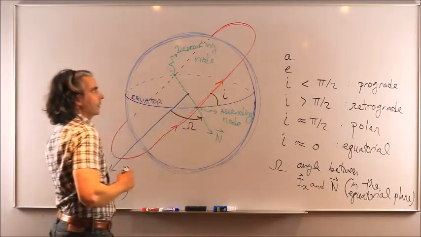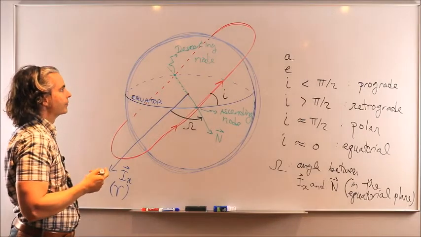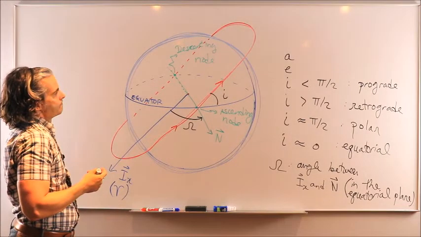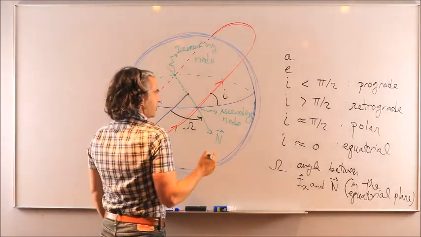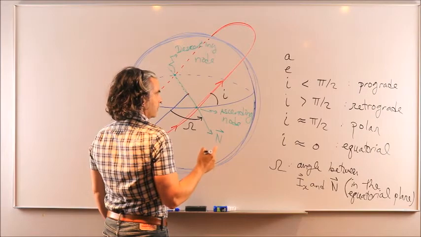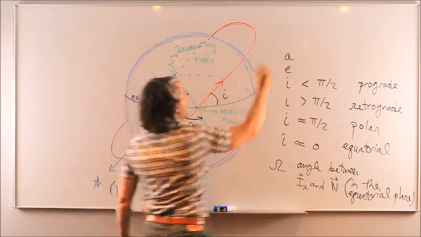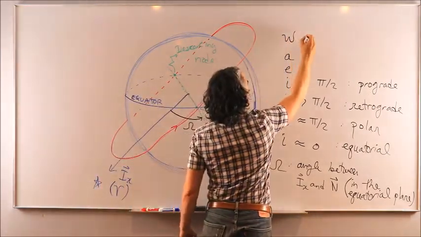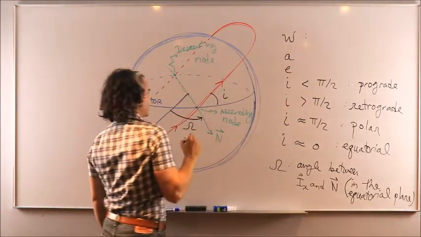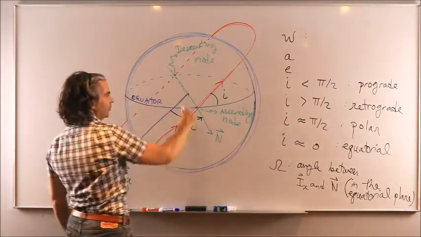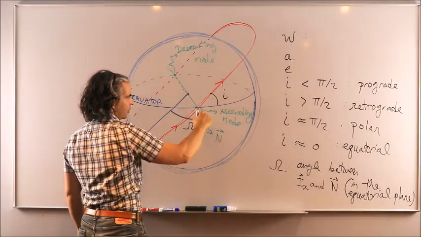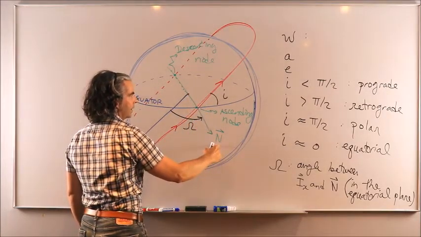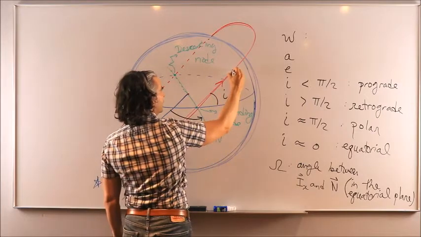I don't know, because we haven't defined that yet. So to do that, we need to use the argument of perigee, which is omega, which is the angle between the unit vector pointing in the direction of the ascending node, or capital N, and the perigee of the orbit.